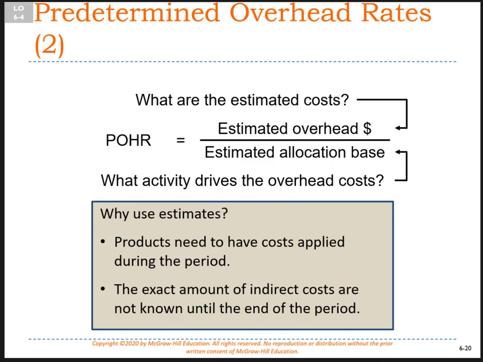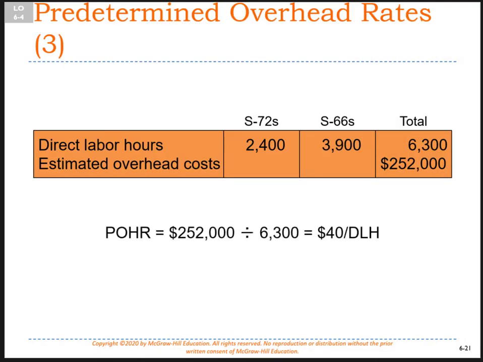So we don't know what the exact amount is, and we need to have this information right now, not at the end of the accounting period when we know all the costs. And we need the amount allocated to overhead not to be based on what happens with overhead costs that particular day, because they fluctuate. Some days, when you're making product, you're not paying your overhead costs as they come off the assembly line.